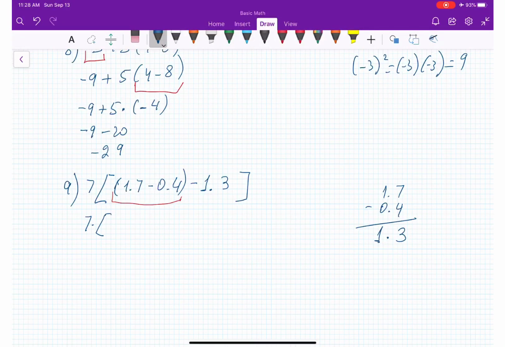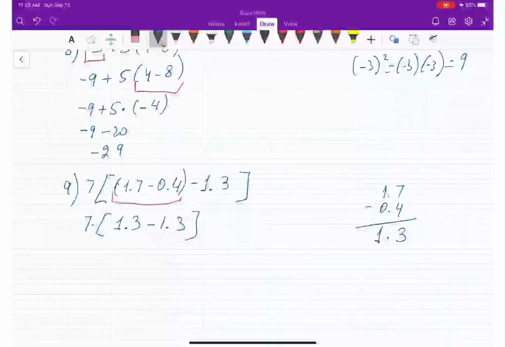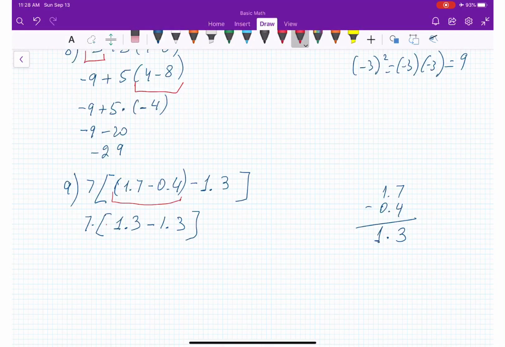What sign is it going to be? Positive, because 1.7 is positive. Minus 1.3. Okay, 1.3 minus 1.3 is going to be 0, right? 7 times 0, so the answer is going to be 0. Any number multiplied by 0 is going to be 0.